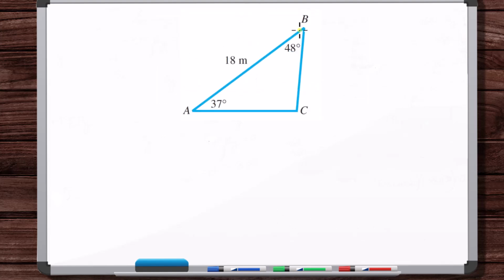Okay, so now here we want to solve the entire triangle. So we've got side length A we want to find, side length B we want to find, and angle C. So we can start by just getting angle C. We've got two angles and a side length. So let's get angle C. 48 plus 37 is 85.